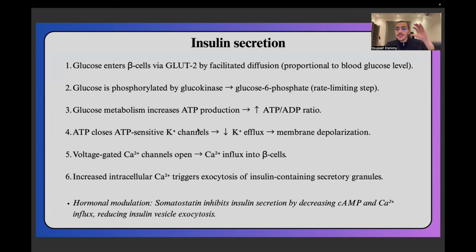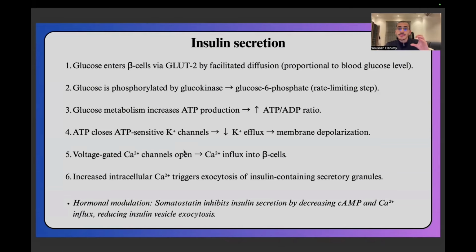This increased ATP is going to act on the ATP sensitive potassium channels, and it would close this channel. You know that potassium is more concentrated inside the cell and it likes to exit outside the cell. So if you close this channel, the potassium wouldn't be able to leave the cell.